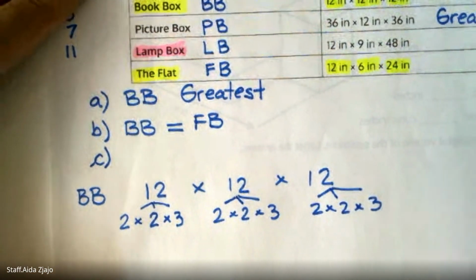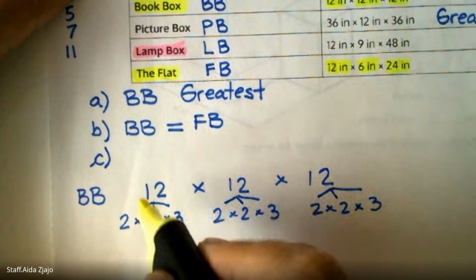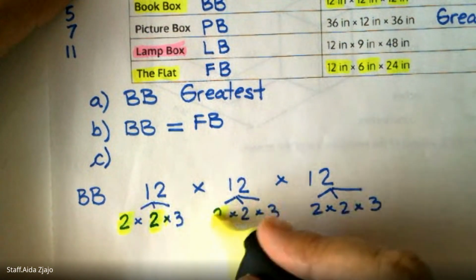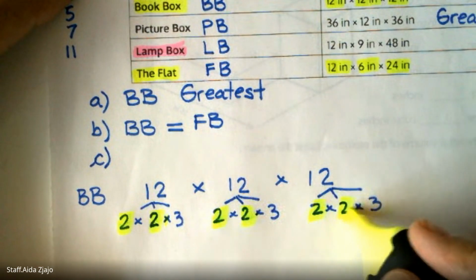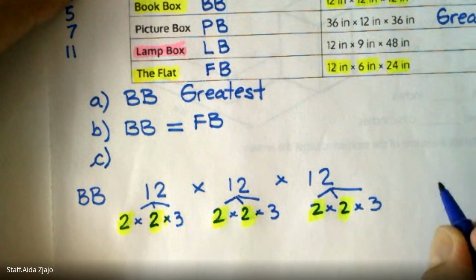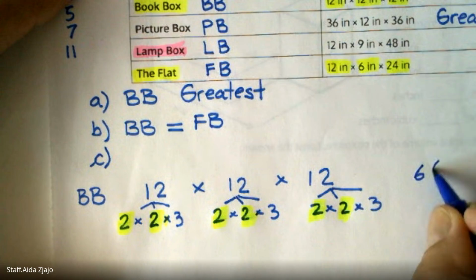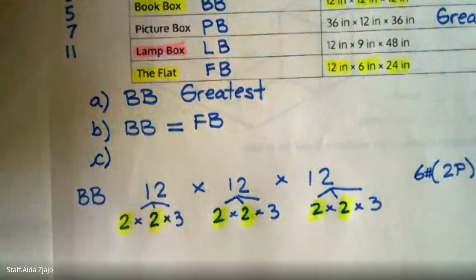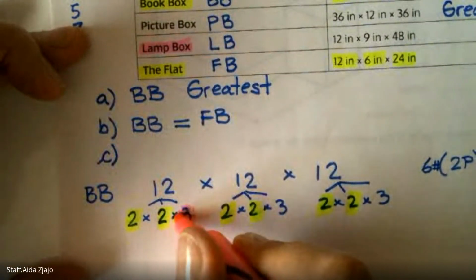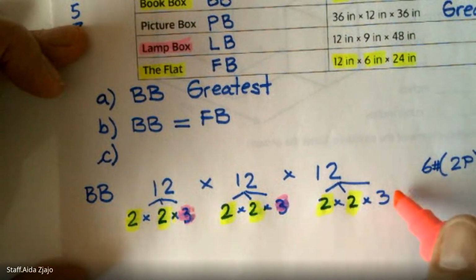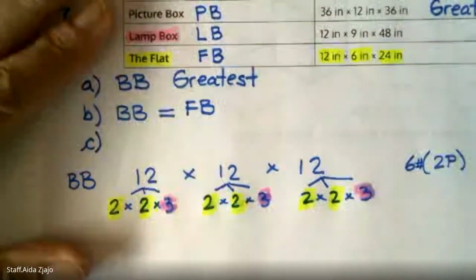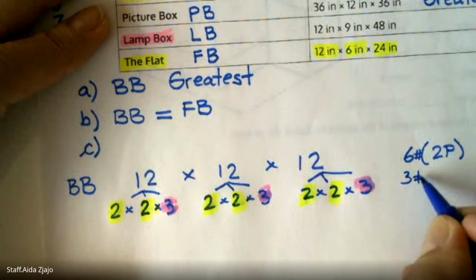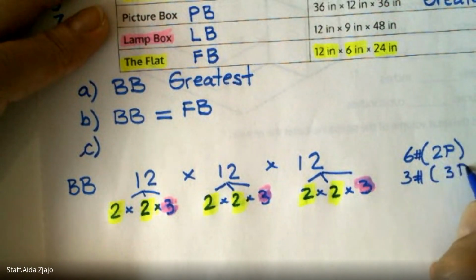And then this 12 also is going to break into 2 times 2 times 3. If I look at their primes, here I have 1, 2, 3, 4, 5, 6 numbers that are prime 2, and then I also have 1, 2, 3 threes, 3 numbers that are prime 3.